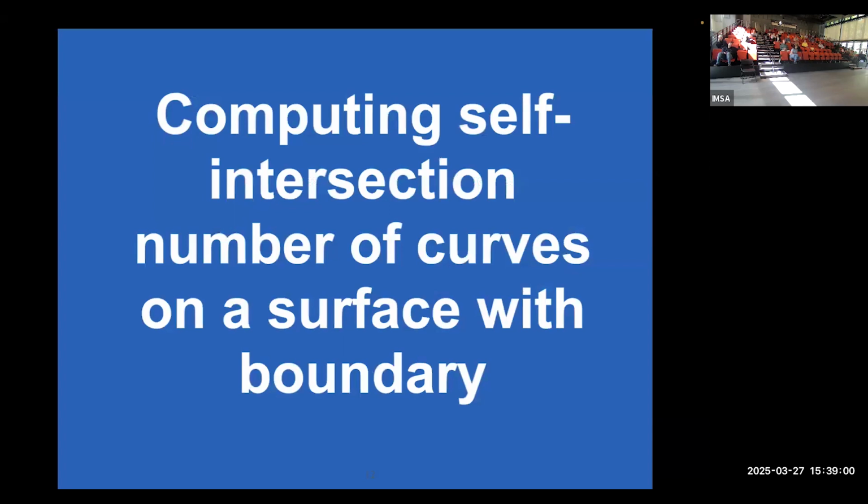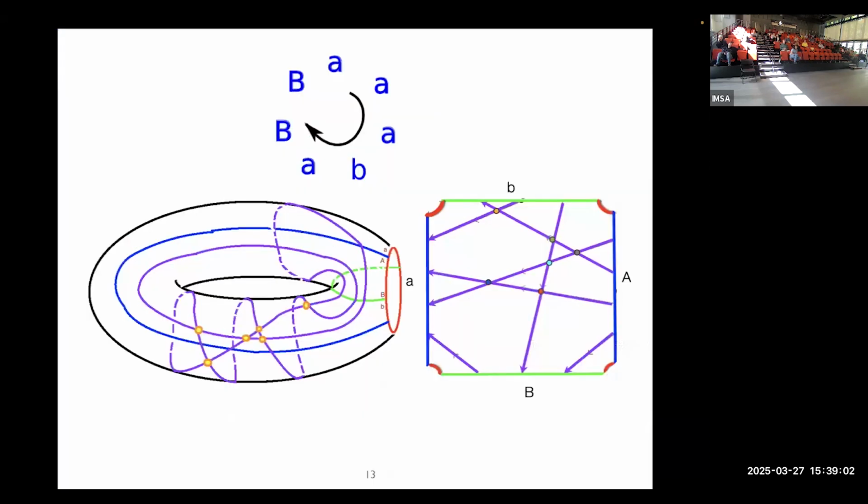Okay, so now I'm going to compute the self-intersection number. I will go back to our complicated curve. And there you see, I highlighted two pieces of curve containing a light blue self-intersection point. And I want to relate this intersection to the word.